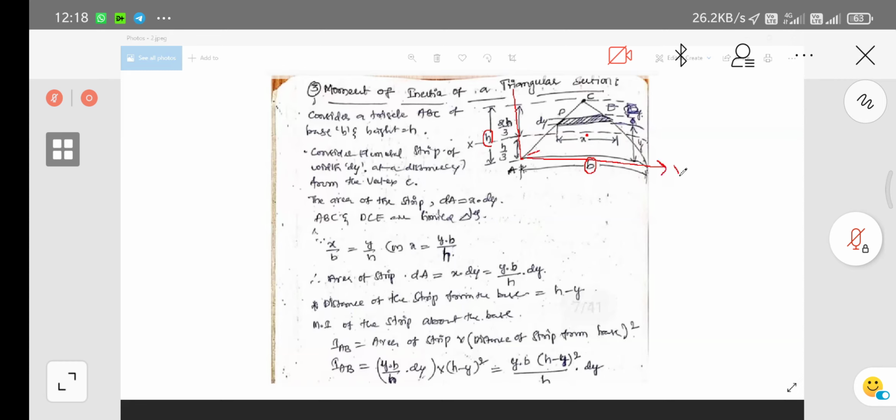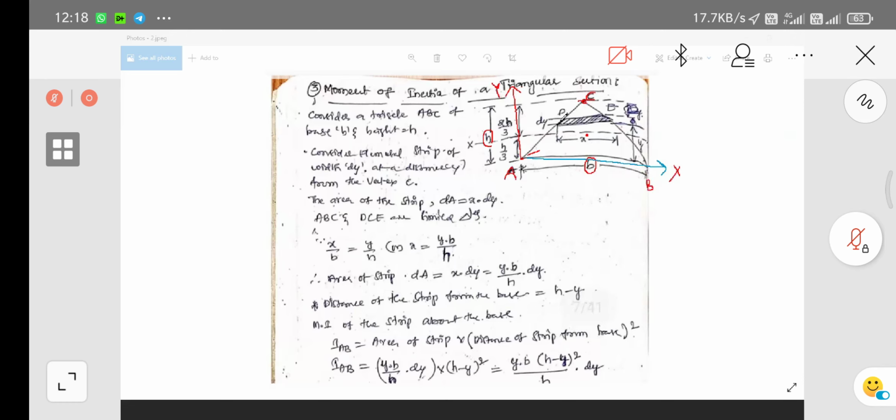The x axis is the base axis and the y axis is also my base axis. The vertices of this triangle are A, B and C. So three vertices are there.